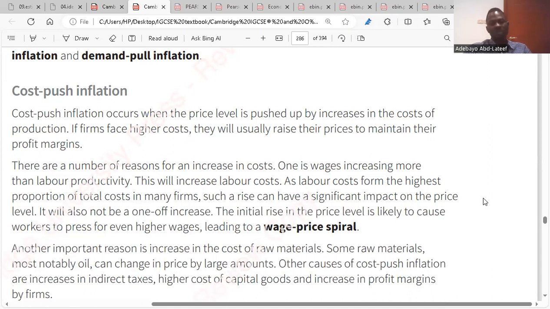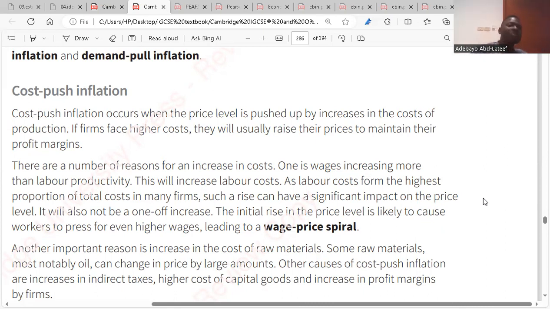Cost push inflation occurs when the price level is pushed by an increase in the cost of factors of production. If firms face higher costs, they will usually raise their prices to maintain their profit margins. Yesterday when we were talking in accounting, we said to improve your profit margin, you have to increase your price.